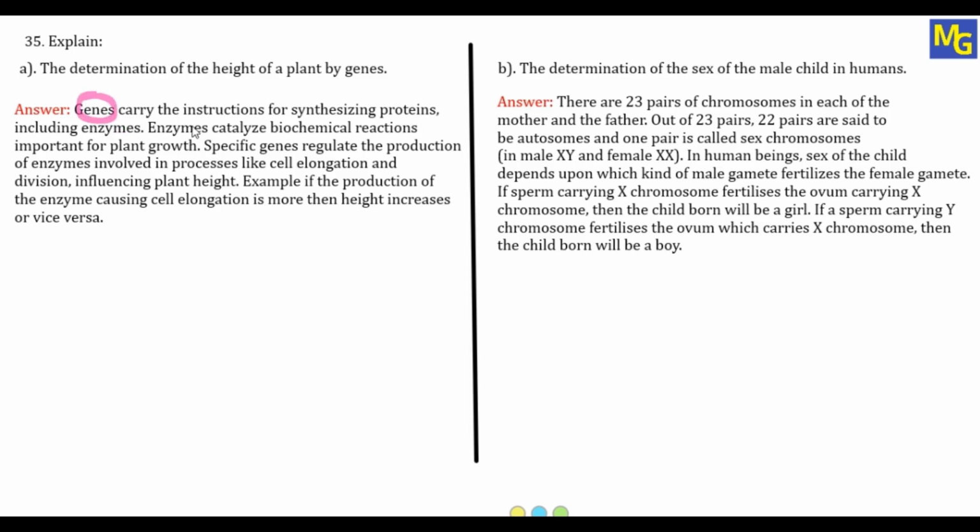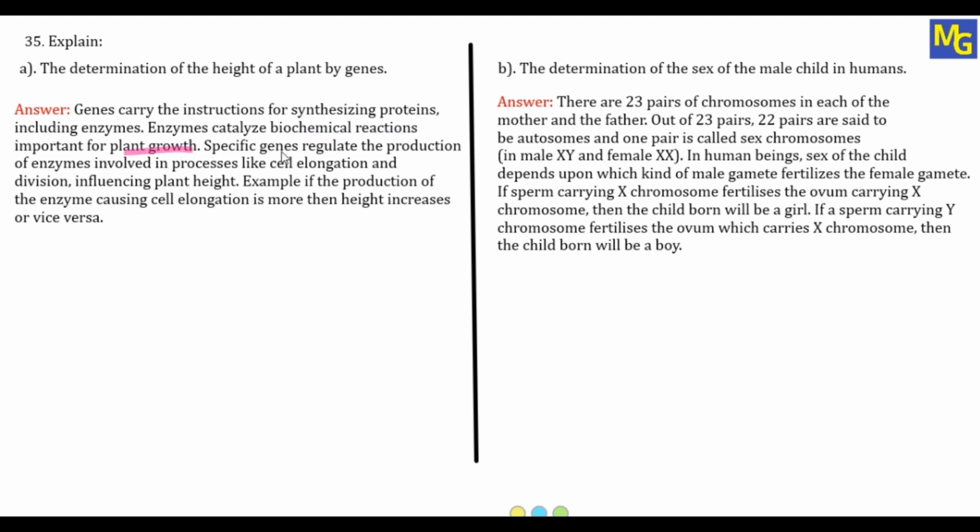So genes are the main important factor, and these enzymes are important for biochemical reactions, and these biochemical reactions will decide the plant growth. So automatically gene will give the instruction for enzyme secretion, and if the enzyme is secreted, then the biochemical reaction takes place and plant growth will take place.